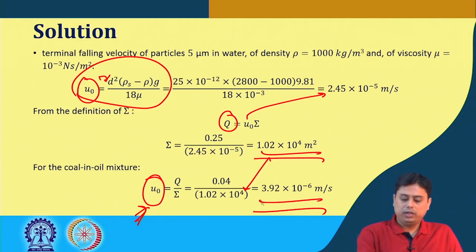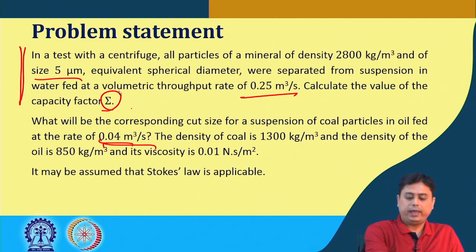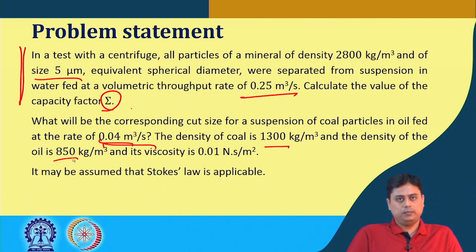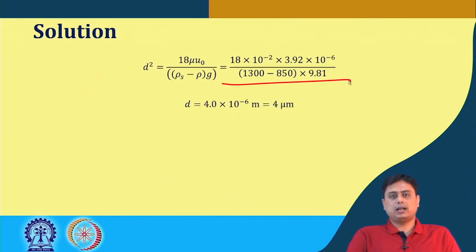So, using 3.92 into 10 to the power minus 6 in this expression, and rho s as 1300, rho f or rho as 850 and mu as 0.01, we get the cut size as 4 micron. So, this would be the cut size if the feed is changed to oil containing coal particles of known density, viscosity and particle densities.